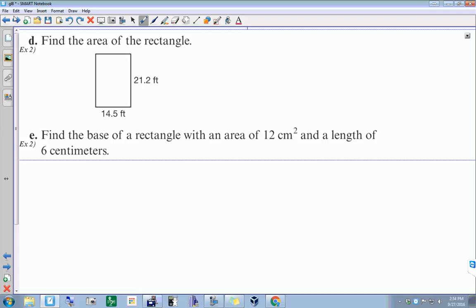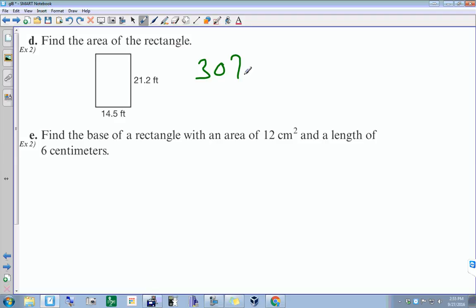Okay. So, let's see. Tara, what'd you get for D? 307.4 feet squared. I can take that, can't I? Because all she did is just multiply 21.2 times 14.5, right?